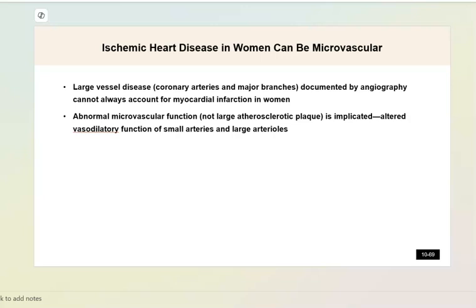So this is something you are going to see in practice. Myocardial ischemia and infarction can occur, of course, without this atherosclerotic plaque. Okay, so we call it type 1 and type 2 type of microvascular dysfunction.